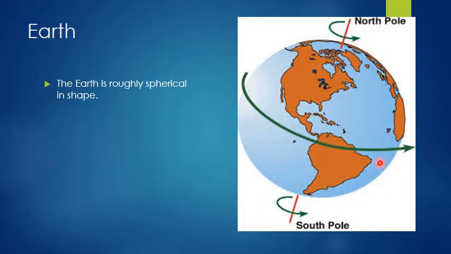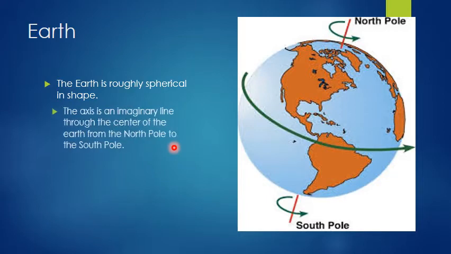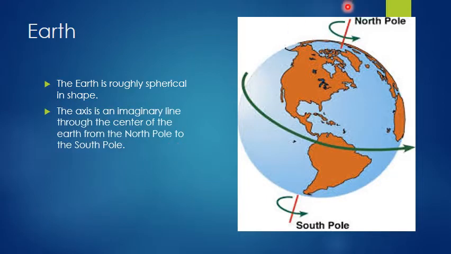It's pretty much a sphere or a ball, and the axis is an imaginary line through the center of the Earth from the North Pole to the South Pole. So this, guys, is called the axis. You can imagine those two lines going through the Earth itself, like a piece of stick that we inserted from the South Pole and it came out from the North Pole.